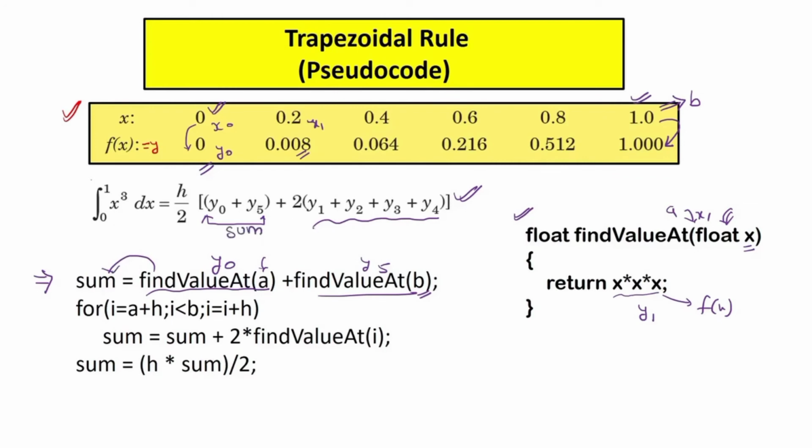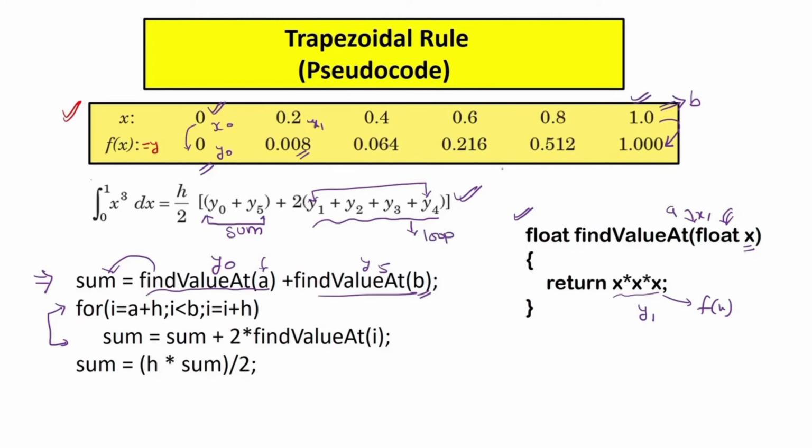In the next process we will find the sum of the y1 to y4 values. This is the code to find the sum of y1, y2, y3 and y4. For this we have used a loop. Why have we used a loop? Because we do not know how many values we have to add.